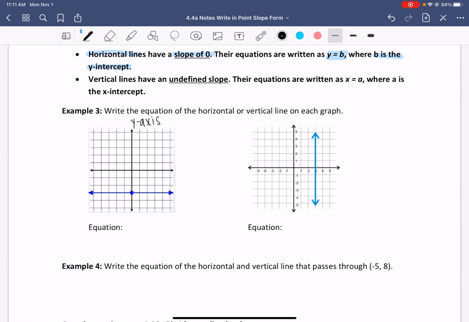When it intercepts the y-axis, you know it's going to be y equals wherever it hits on the y-axis, which is the y-intercept, so it's 0, negative 3. So our equation is y equals b, and the y-intercept is negative 3.